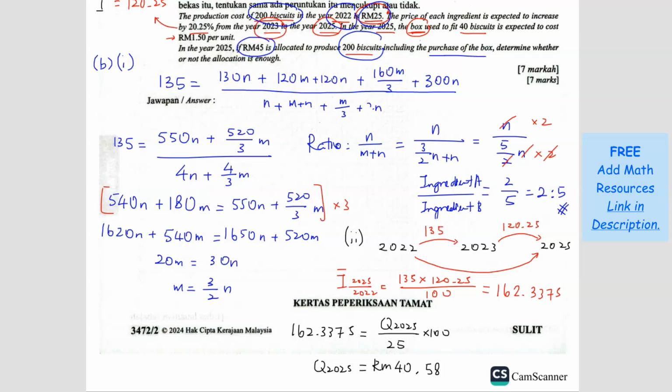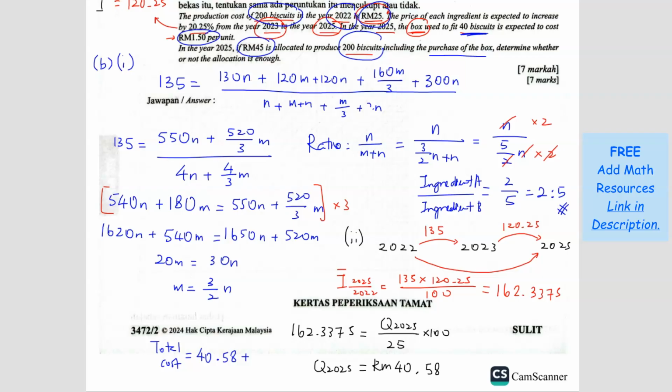So 45 ringgit, we have to find the total cost. So the total cost is what? The total cost is going to be, this 40.58 is already the price for 200 biscuits, plus the price of the box. So the price of the box is 1 ringgit 50 cents, correct? But this is only for 40 biscuits.